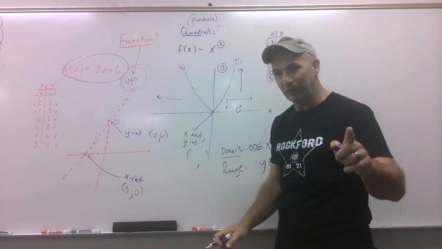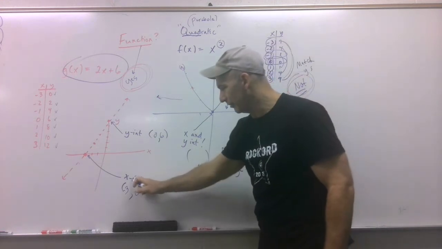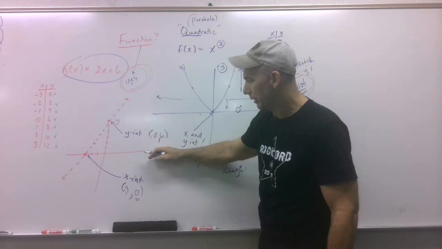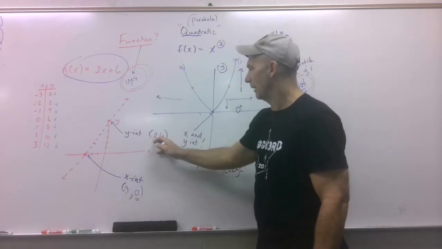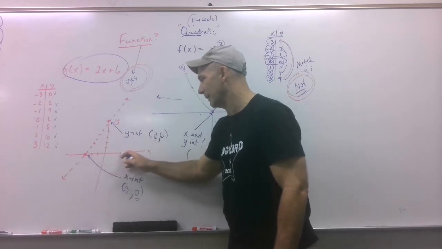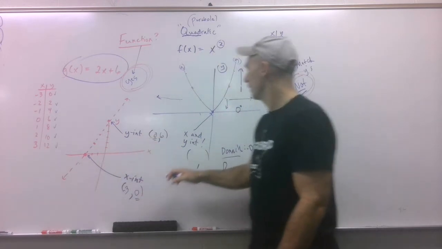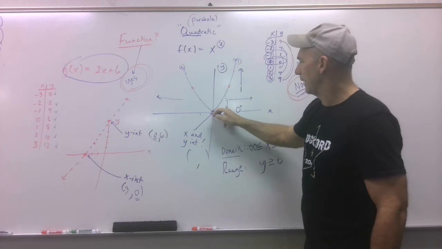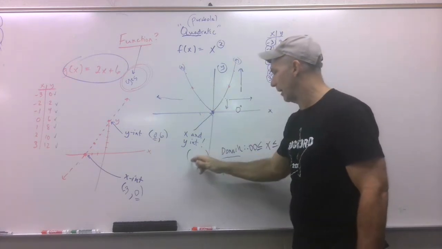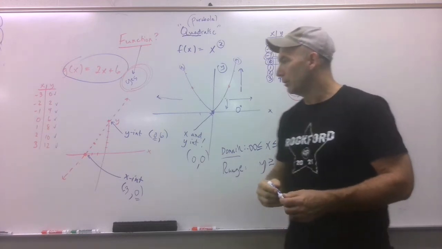I want you to notice something for the future. At the x-intercept, y equals 0, because it's not above the x-axis and it's not below. At the y-intercept, x equals 0, because it's not to the left of the y-axis, it's not to the right. So that's a little twist. This one here is both the x-intercept and the y-intercept. So that would be (0, 0). Pretty simple stuff.